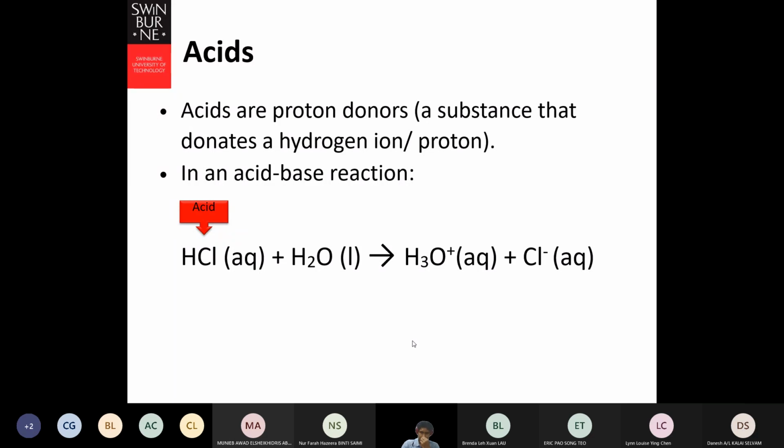Okay. A solution that has a pH level less than 7. Okay. This is interesting, actually. Brian is typing something.